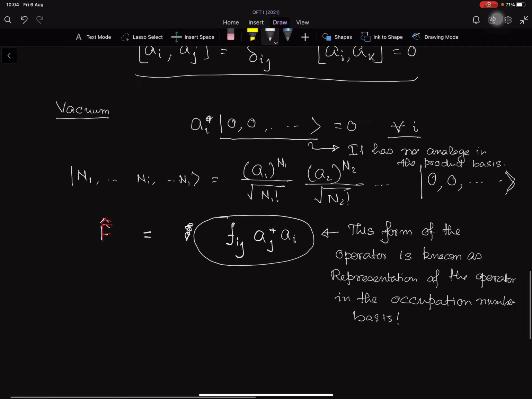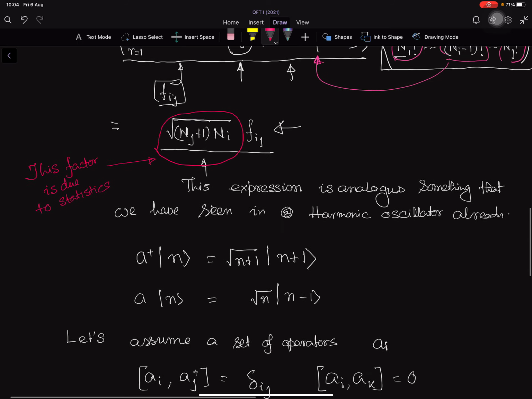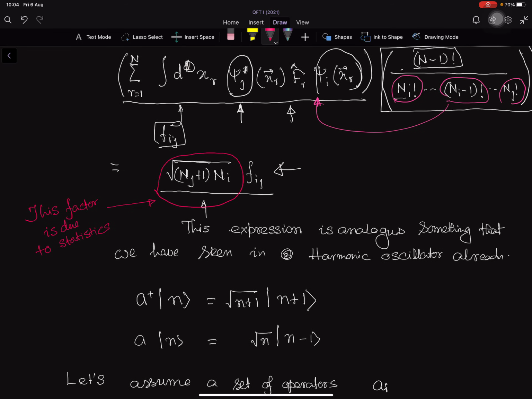The important thing you notice here is that it automatically knows about the statistics. To be more precise, this factor is due to bosonic statistics. This factor really comes out of the permutations, which is a consequence of statistics. If all these particles were distinguishable, then we would not have got this factor.